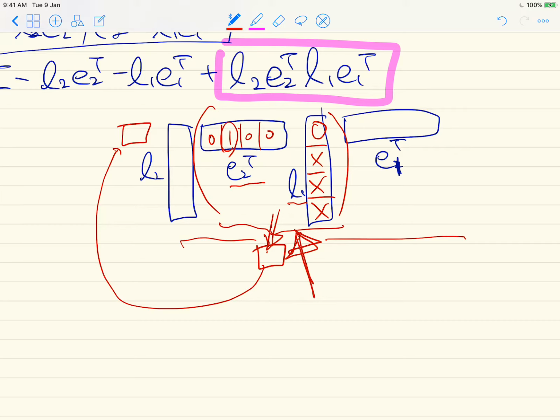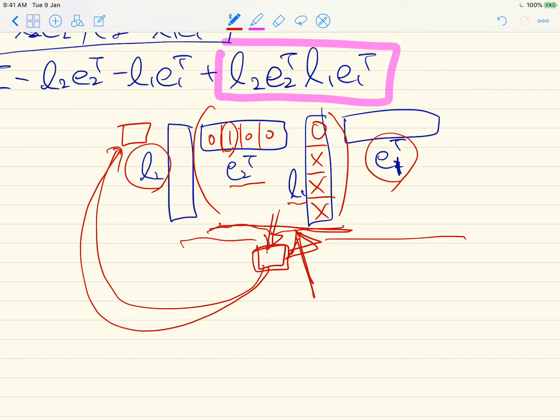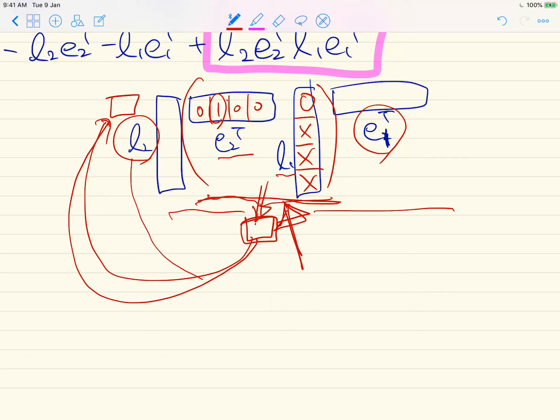Okay, so that is the point. In this particular case, it doesn't give us the 0, but let's just consider this value as some value, and then move it to the left, and then consider the inner product between L2 and the E1 transpose, right?